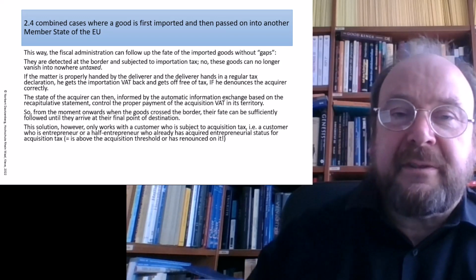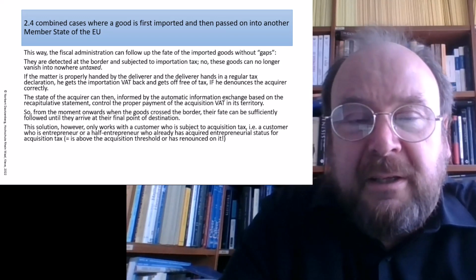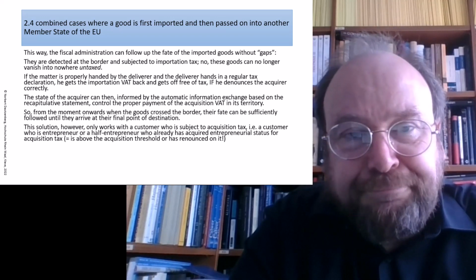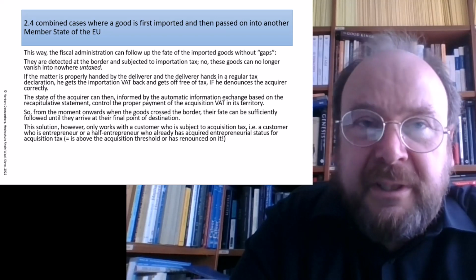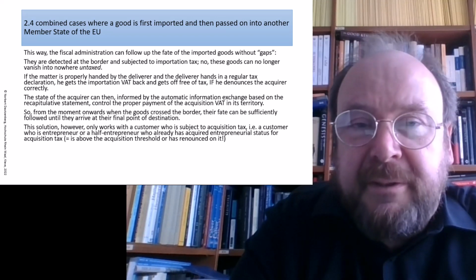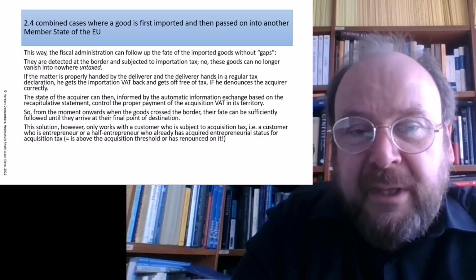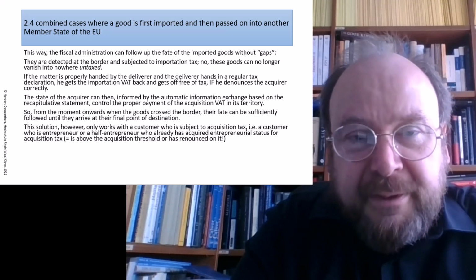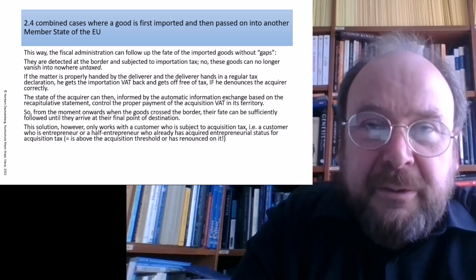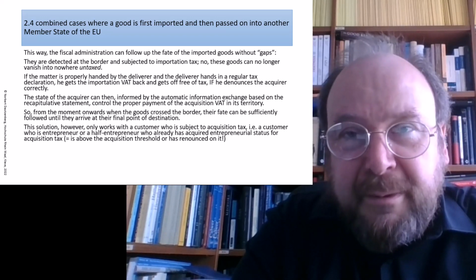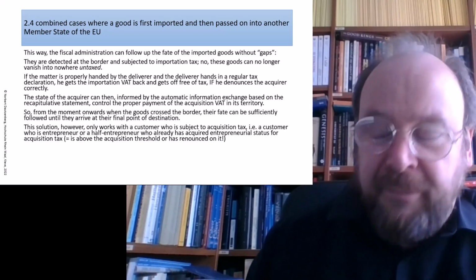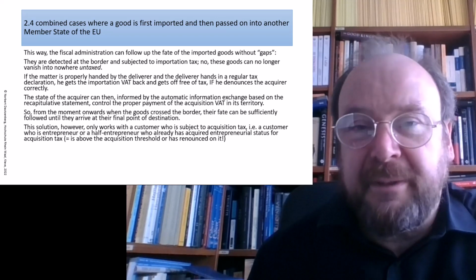If, let's look at the last paragraph here, if your customer is not an entrepreneur but a private person. Because then, intra-community delivery only works if your customer is also an entrepreneur. If your customer is a private person, one could not expect that your private customer pays the tax of his own state, then only the deliverer has a chance to fulfill these obligations.